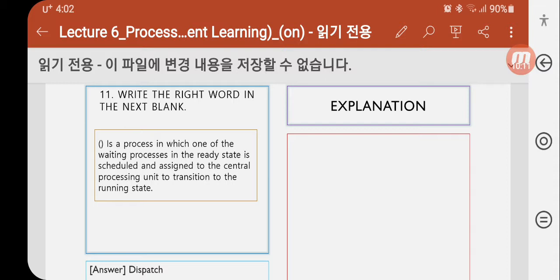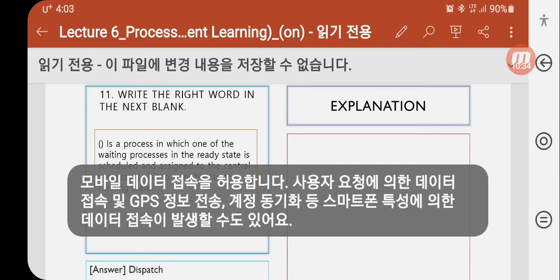The proper word is dispatch. I told you that the correct answer is dispatch. Do you know why?